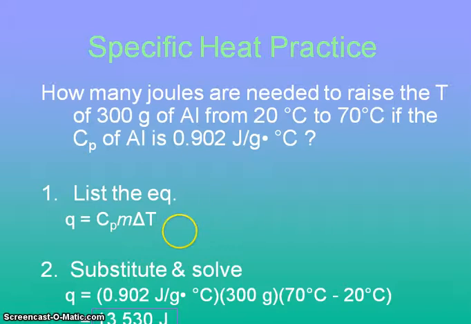So for this one, we are using Q equals Cp m delta T. We're looking for how many joules, so we're solving for Q. We were given specific heat, mass, and the temperature change, so we just plug in those values. This is my specific heat, this was my mass, and then the final temperature was 70. And I'm going to subtract the initial temperature of 20 from that to get my delta T value. With that, your Celsius units will cancel, your grams units will cancel, and all that will be left over are joules.